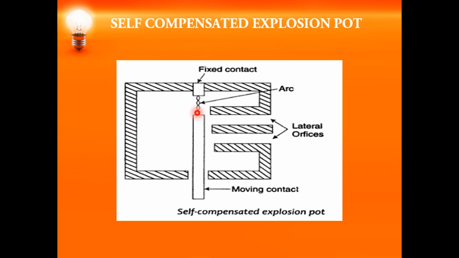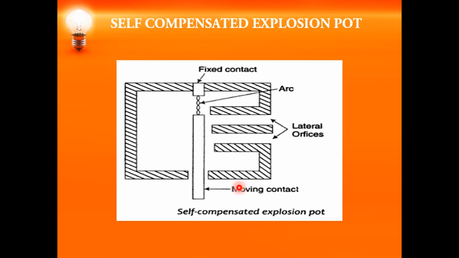When the moving contact gets separated, if the arc doesn't get split by the arc splitters over here, it will quench when it has crossed the lower contact. If the arc doesn't quench at this point, then it quenches where you have the design of the plain explosion pot.